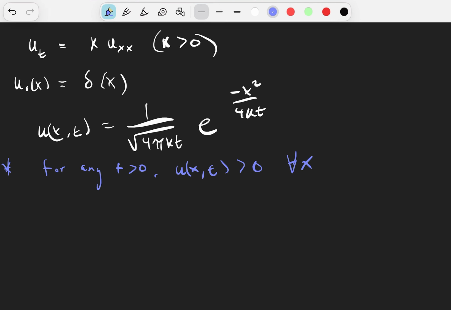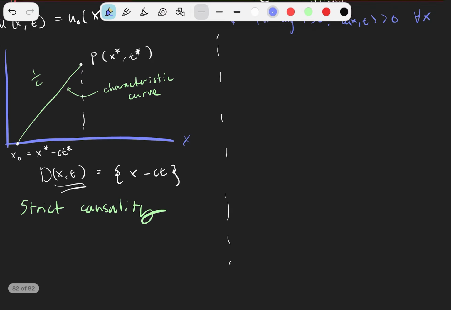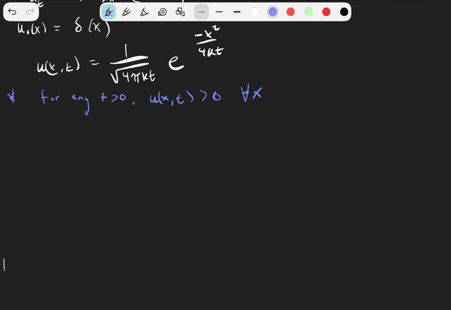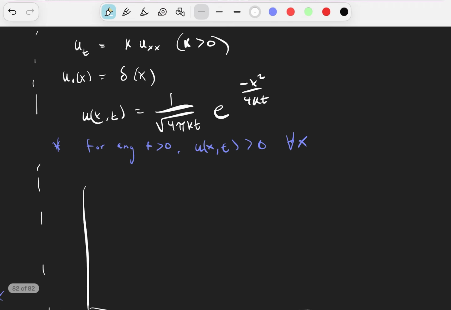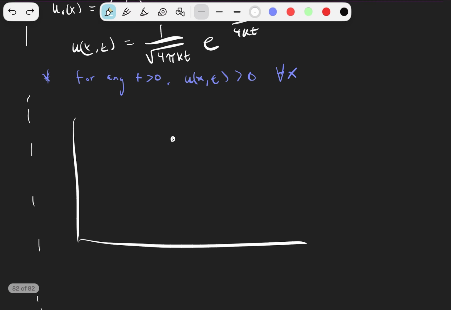And what about causality, or what about influence? It turns out the domain of dependence here is not just a strictly causal thing. What we'll observe is, for particular systems that are described by this diffusion of initial data, let's say we have some point in the future, and remember this is t and this is x.